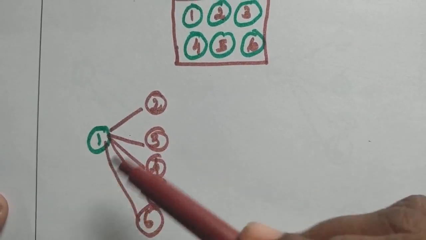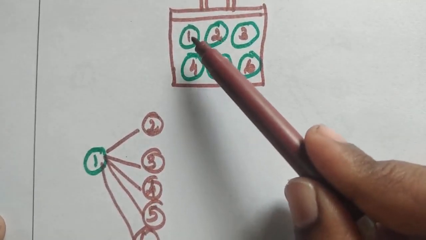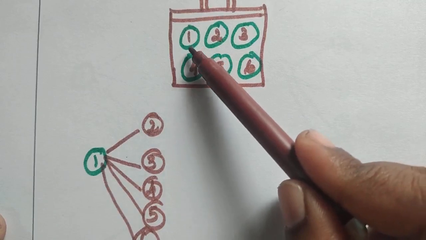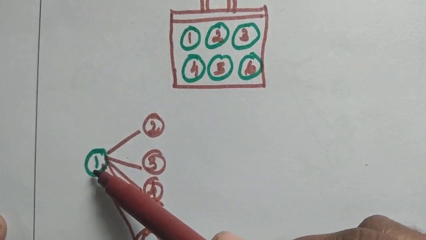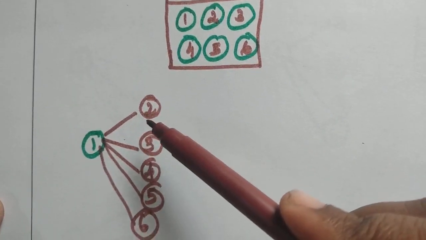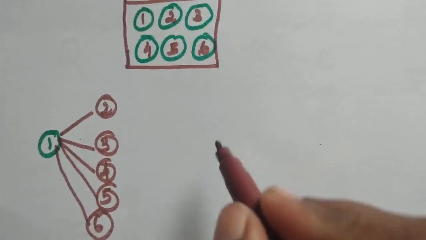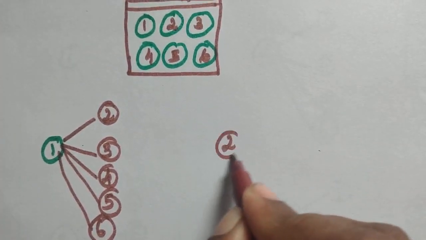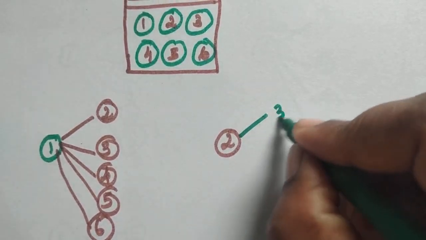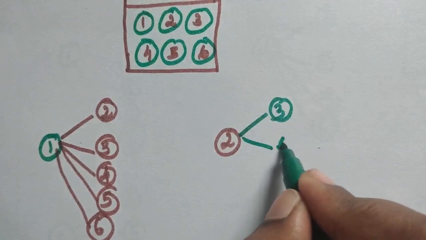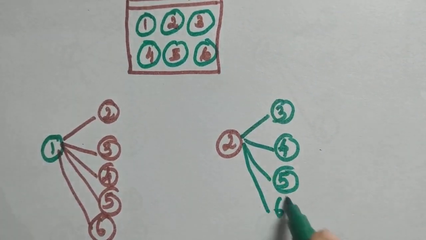So why didn't we write here 1? Because there is only one ball that numbered 1. We have to select 2 balls. If the first ball is the ball that numbered 1, then the possibilities for the second ball is 2, 3, 4, 5 or 6. If the selected ball is numbered 2, then the possibilities for the second ball is 3, 4, 5, 6.